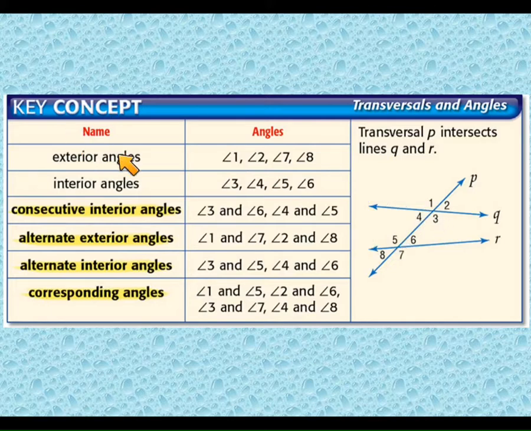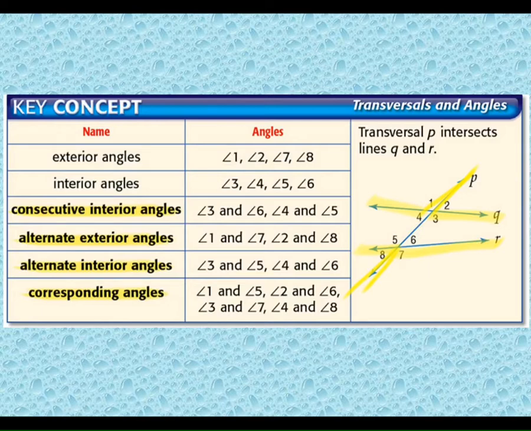Okay, exterior angles. Exterior means what? On the outside. Okay, interior means on the inside. So if we look at this figure, all the angles that are exterior are 1, 2, 8, and 7, right? Because they're on the outside. Those are all exterior angles.